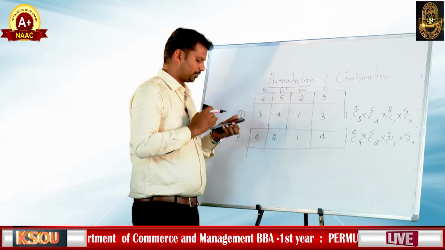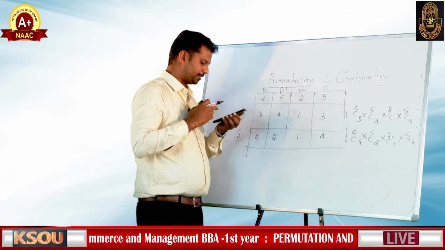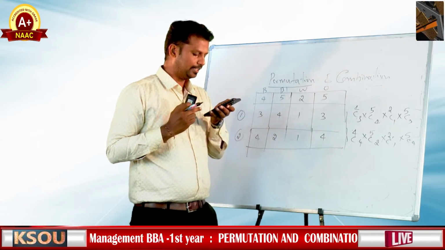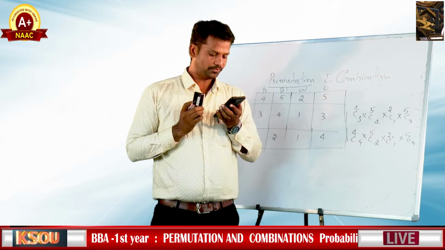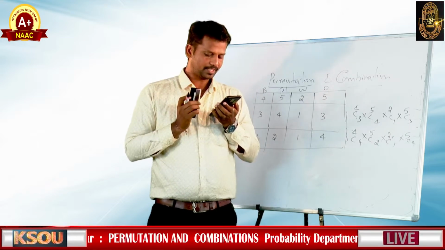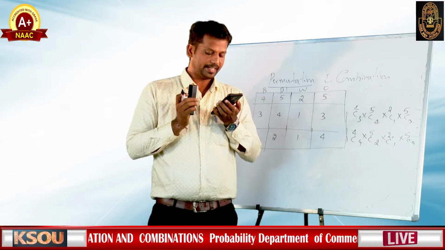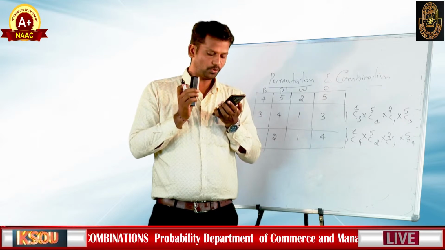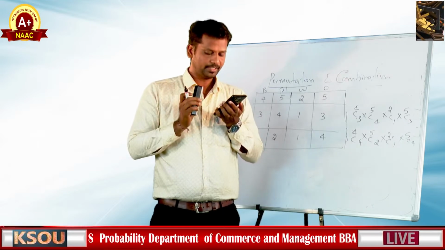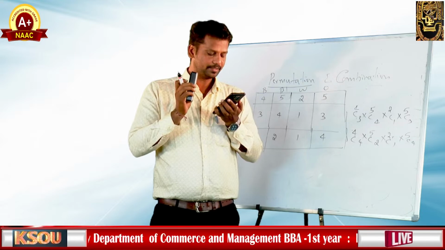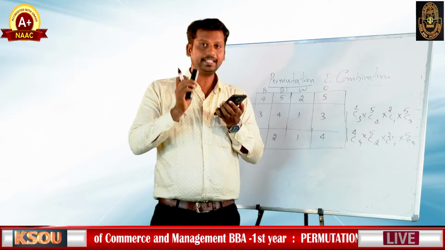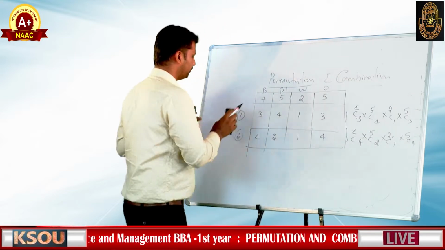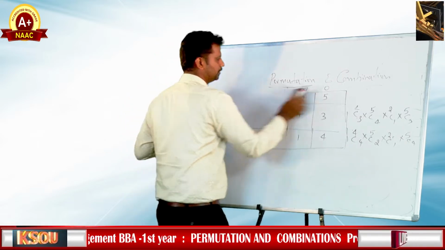In your study materials, in question number 16: from 6 men and 4 women, a committee of 4 is to be formed. In how many ways can this be done so that the committee contains certain conditions? Same type of questions.